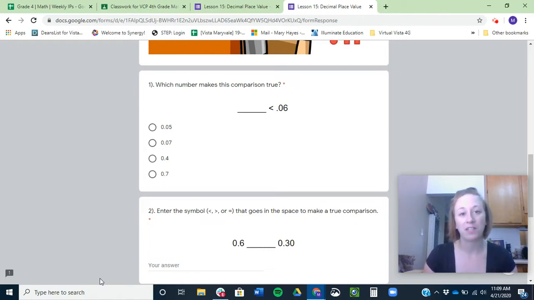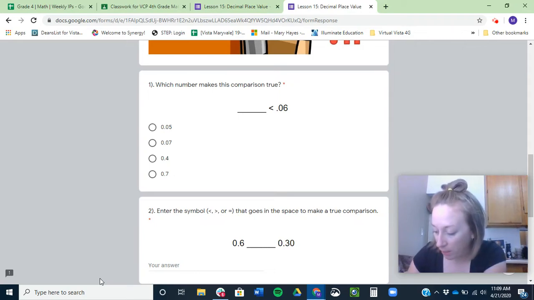Make sure you have your scrap piece of paper ready to go and you have question number 1 written down on your paper. Question number 1 says, which number makes this comparison true? Blank is less than 0.06. Make sure you go ahead and write that on your piece of paper.